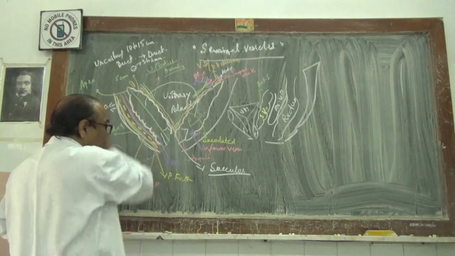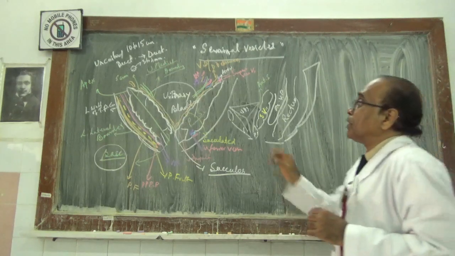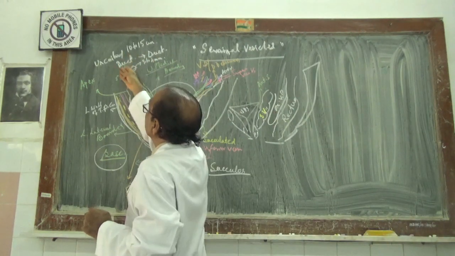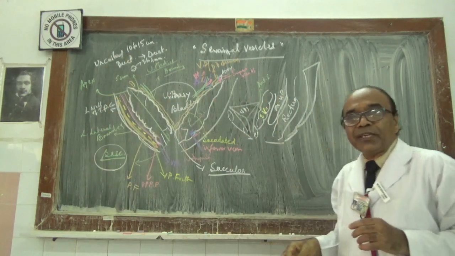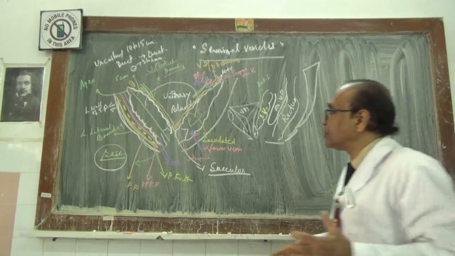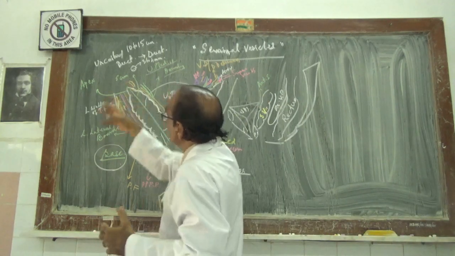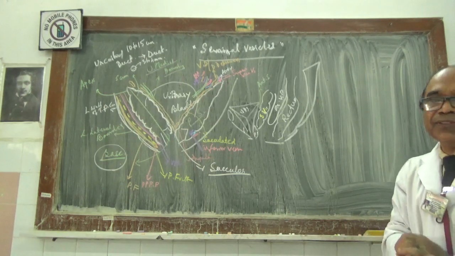These saccules are formed because of the compression of the uncoiled duct of about 10 to 15 centimeters. Because of the compression, saccules are formed.